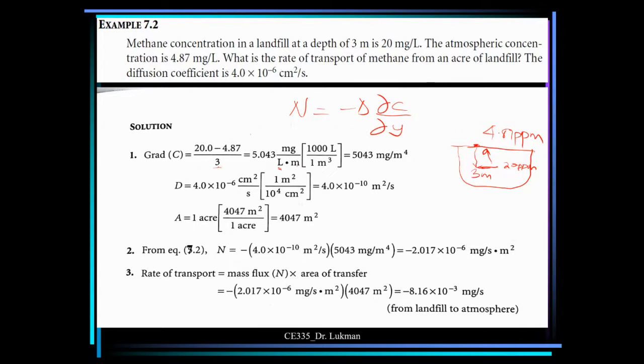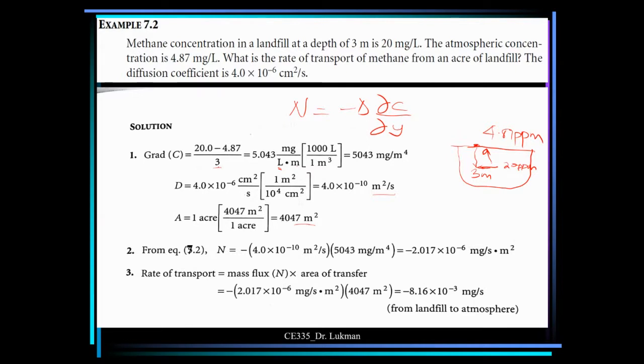Now the diffusion coefficient is a constant which is provided in centimeter square per second, so we are also changing it to meter square per second. And then 1 acre is simply 4,047 meter square, in meter square also, just to make our units homogeneous.